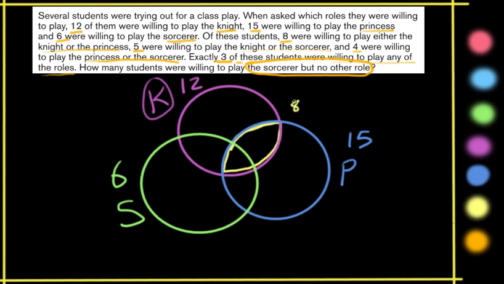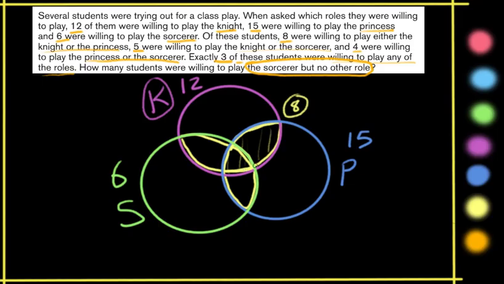I'll put an 8 here. It's going to give us numbers for the other football shapes too, so I'm going to put those numbers at the corners of the football. So there's 8 in this overlap region, that's this whole region here.